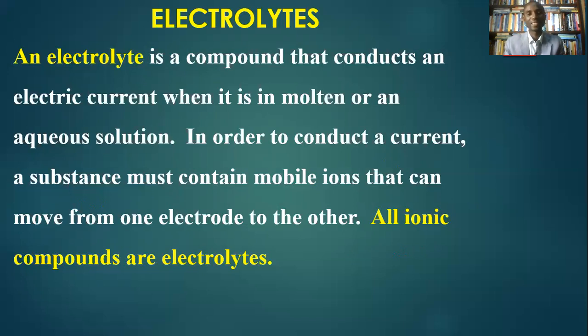By that, we have what we call electrolytes. So those compounds that can ionize into solution and break into movable ions and allow electric current to pass through them are what we call electrolytes.